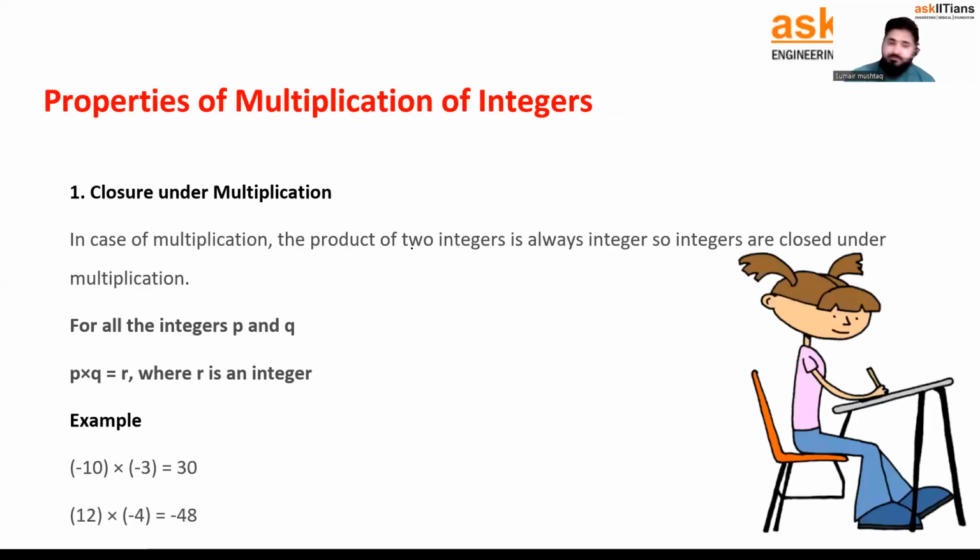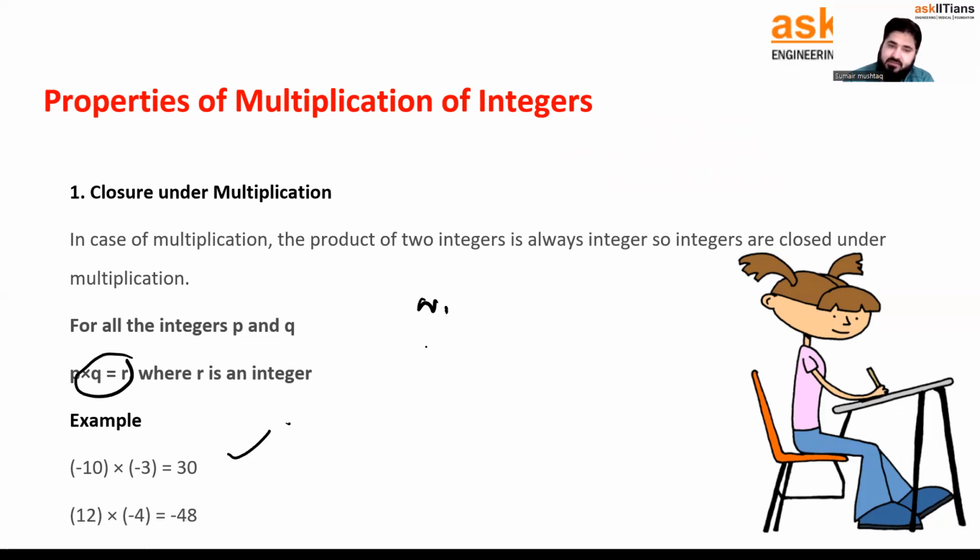Fine. Now you have closure under multiplication. It is a simple thing. The multiplication of two numbers is an integer. Whether it be positive or negative, it is an integer. So I will say that if P and Q are integers, then R will also be an integer. You can take an example.